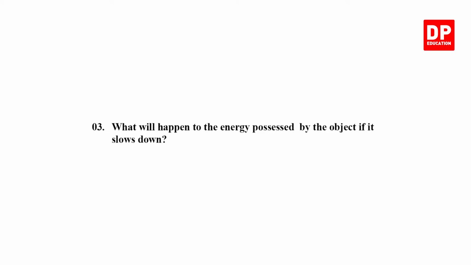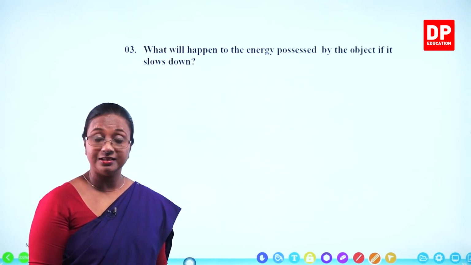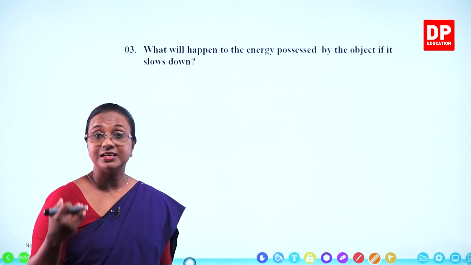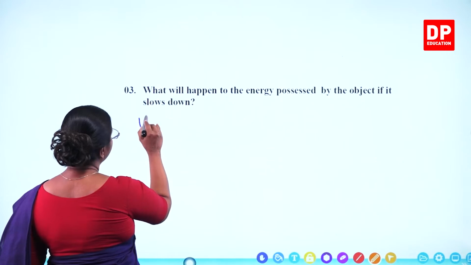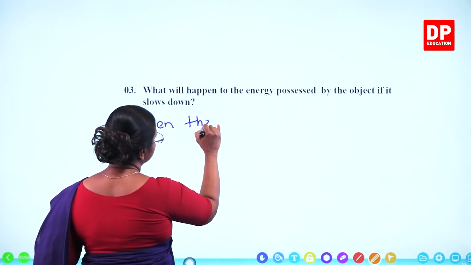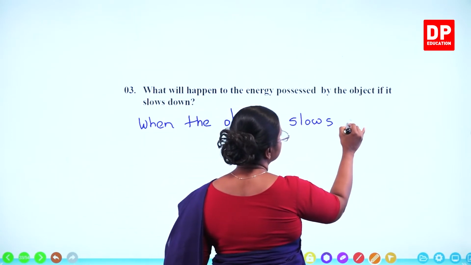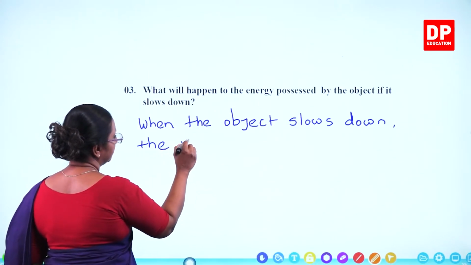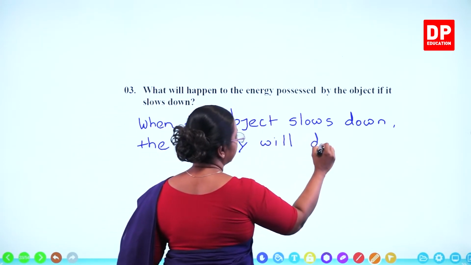What will happen to the energy possessed by the object if it slows down? So what will happen to the kinetic energy if the velocity decreases? When you say slow down, the velocity decreases. Therefore, the kinetic energy will decrease. So here you can say, when the object slows down, the velocity will decrease.